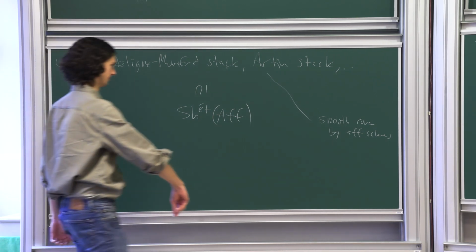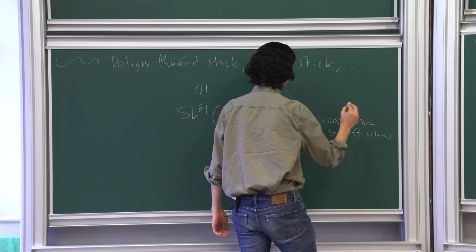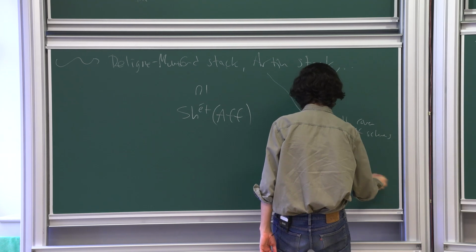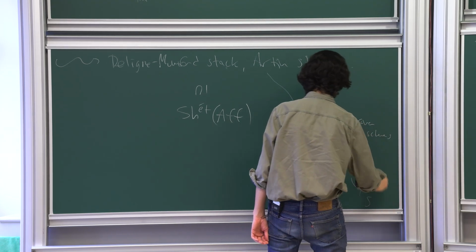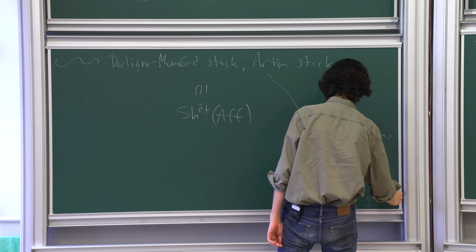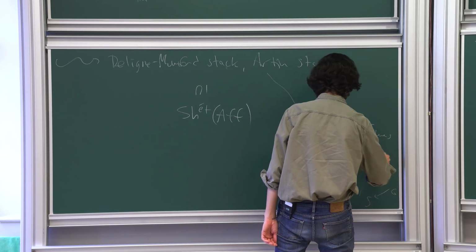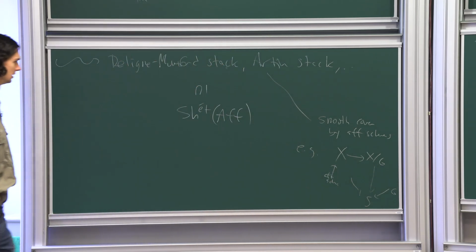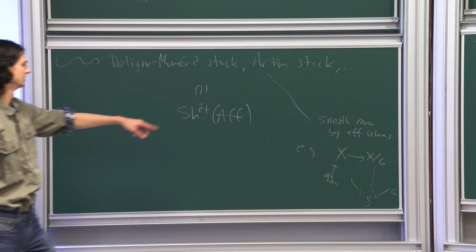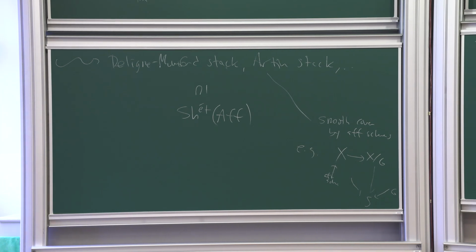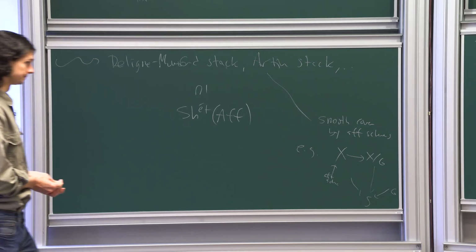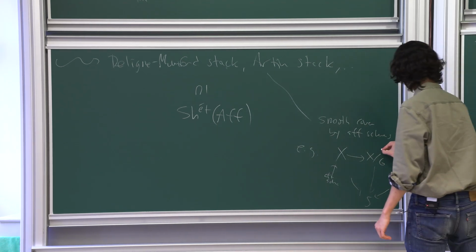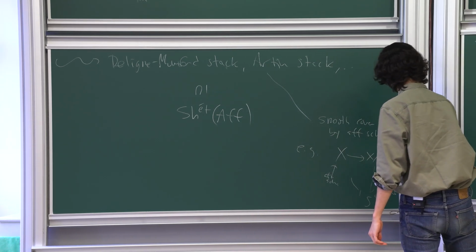For the basic example, you take an affine scheme, maybe implicitly over some base, and then you have some smooth group scheme over that base, and you pass to X mod G. So you have some G action on X, and then you pass to the quotient, in the stack theoretic sense, so in the groupoid theoretic sense.